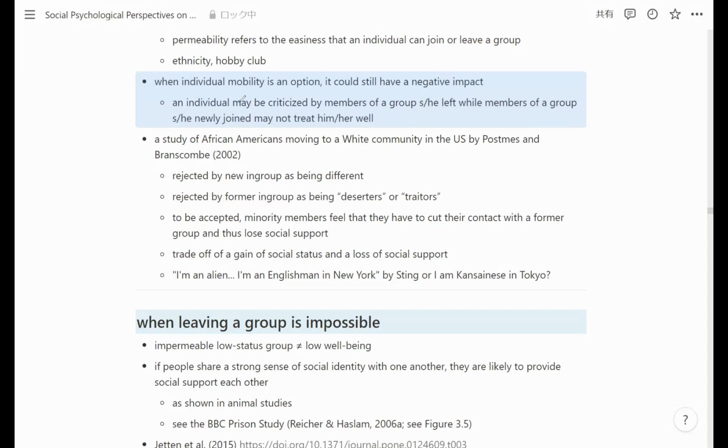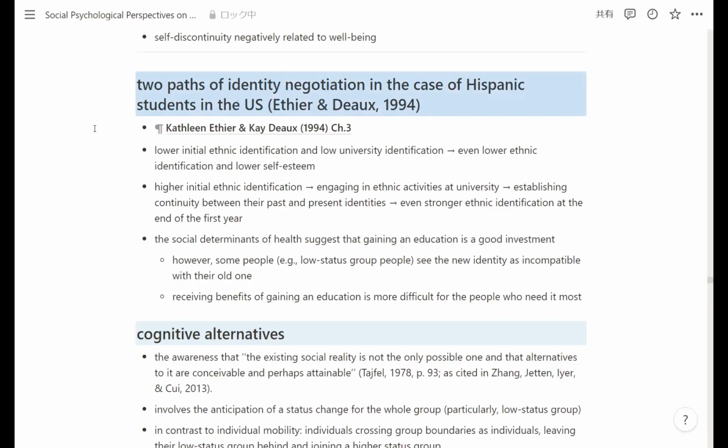They may also not be well accepted by the members of the new group, and thus they may not receive good enough social support from them. One example of such individual mobility is entering universities, but this way of improving their social status may not always be beneficial for low status groups.